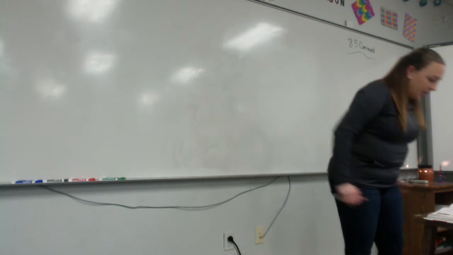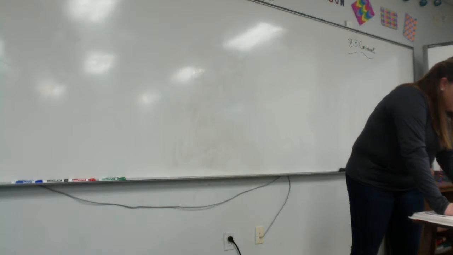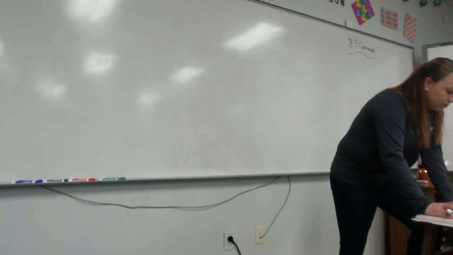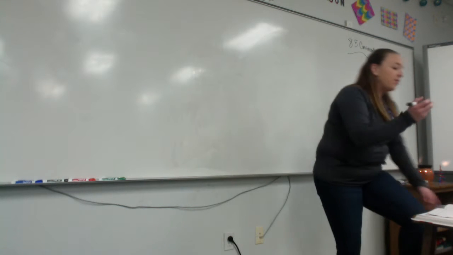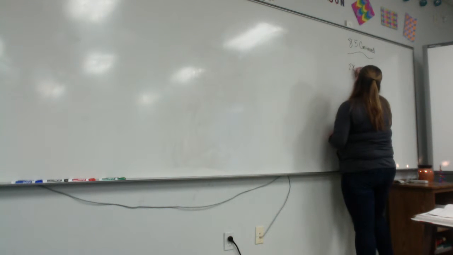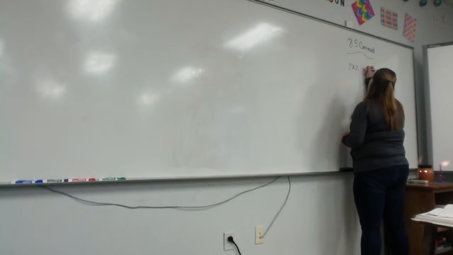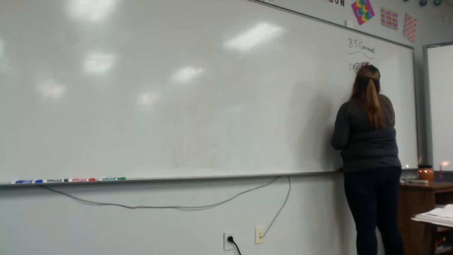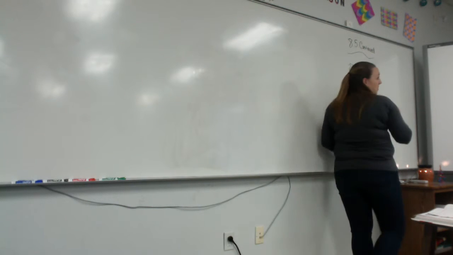Okay, 8.5. If we are going to multiply matrices together, they have to have certain parts that are the same. So if I have a matrix that is a 2 by 2, and I want to multiply it by a matrix that's a 2 by 4, I can do that. This number here and this number here have to match up.